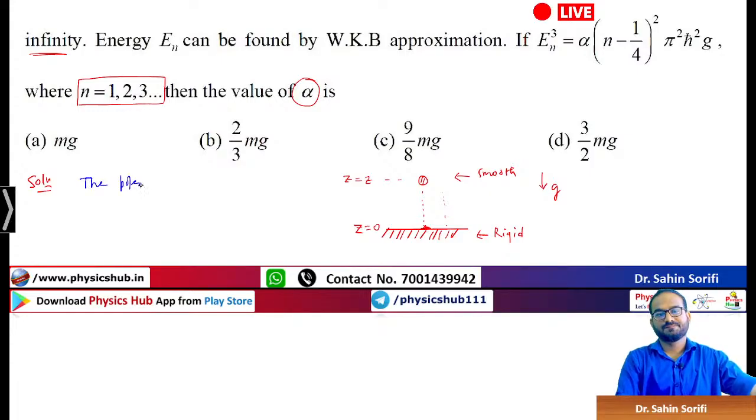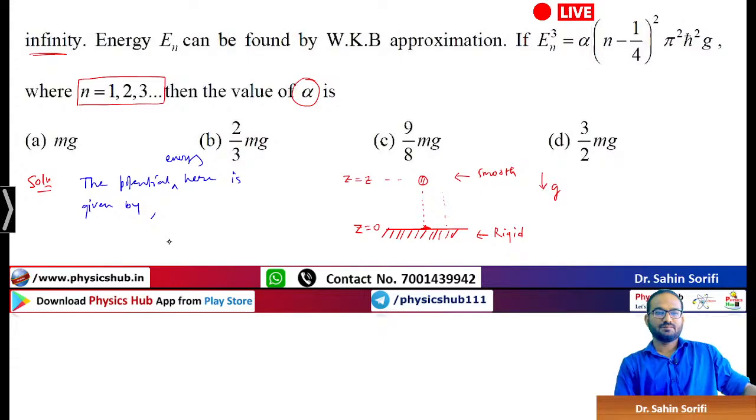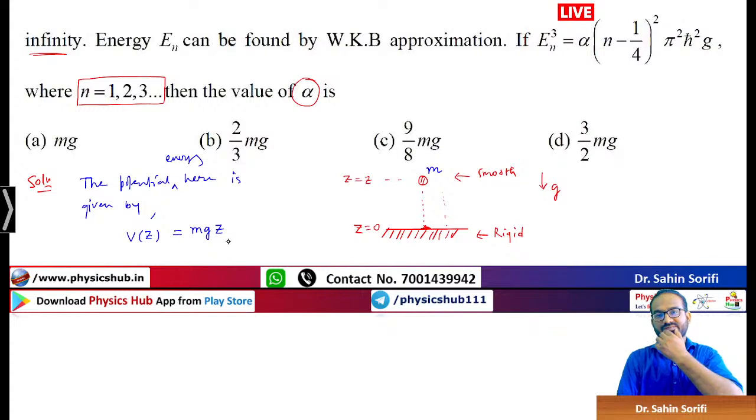The potential here is given by V of z equals mgz. If the mass of this ball is m, the potential energy will be mgz, the mgh formula.